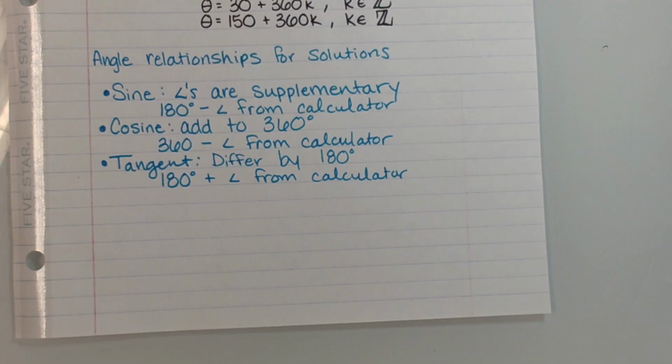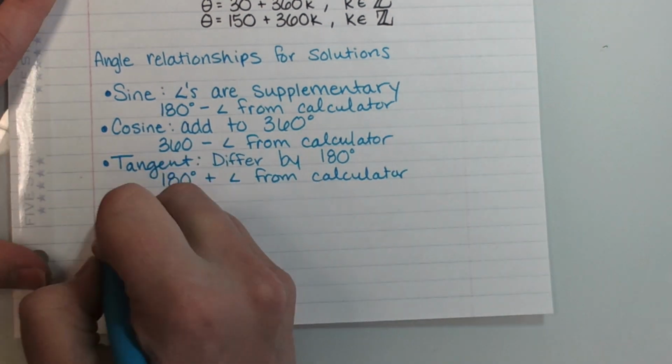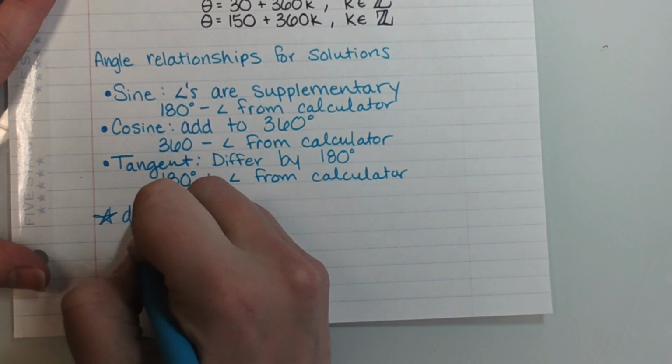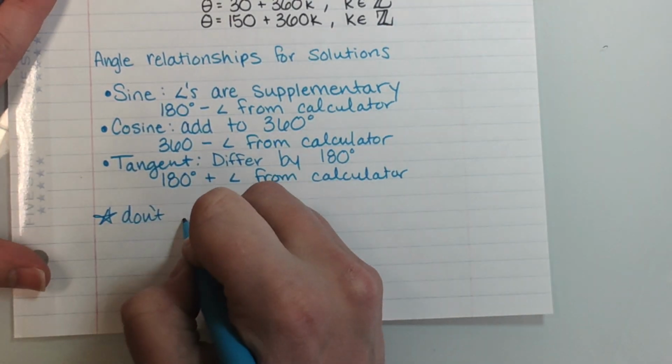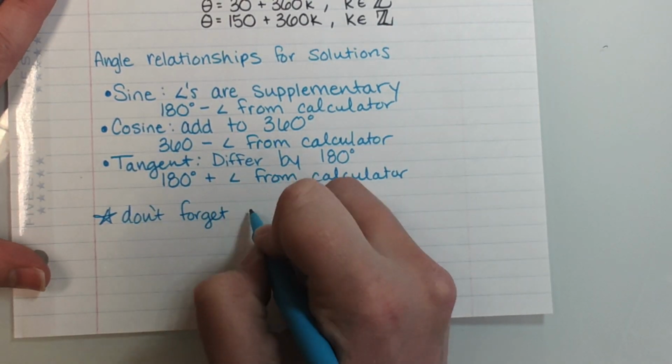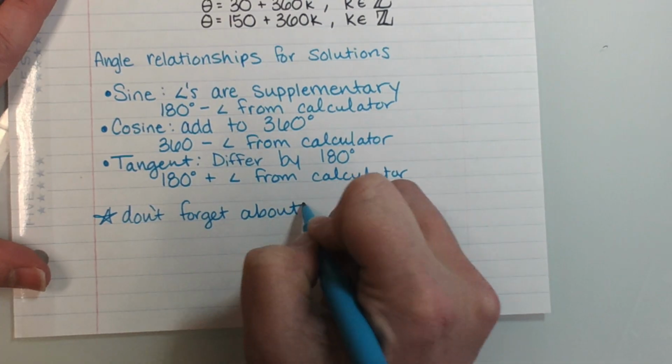Now, this being said, you can always use your unit circle. I tend to find that to be easiest. And then don't forget about coterminals.